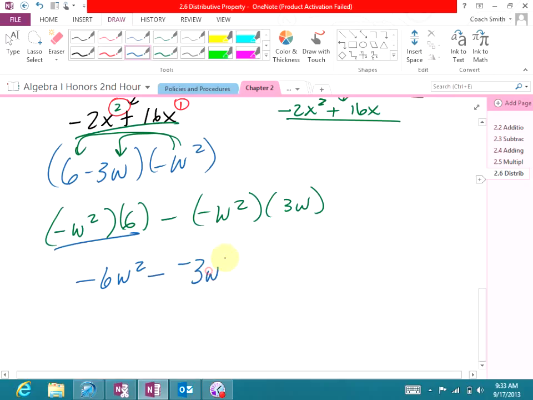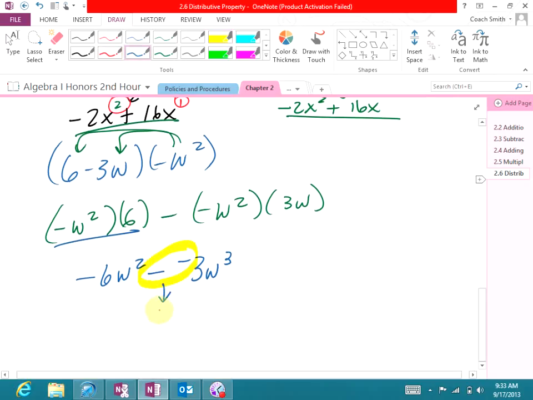Negative 3w to the third. Once again, you have minus a negative. Minus a negative, we've already discussed, changes to an addition sign. So that'd be negative 6w squared plus 3w to the third.